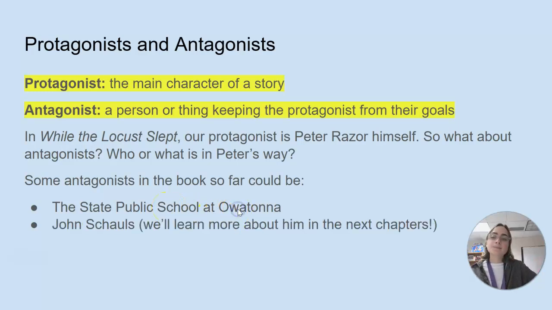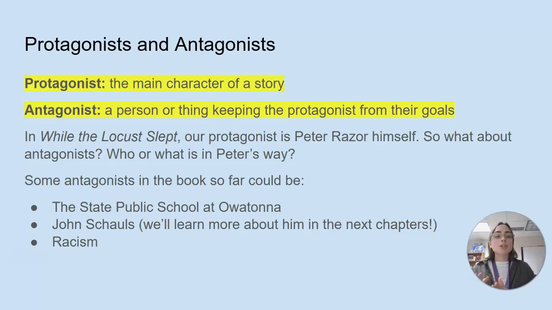We also just met the character John Shawls. That is the farmer that Peter is going to go live and work for. We're about to learn more about him in chapters 2 and 3, and I want you to pay attention to how John speaks, how John acts, and how this makes him an antagonist. We've also seen a glimpse of how racism is going to be an antagonist for Peter.